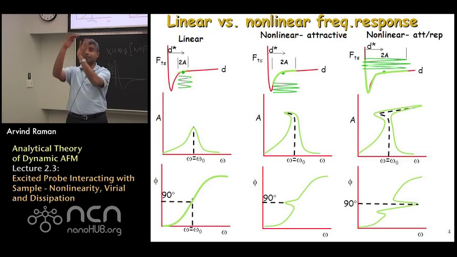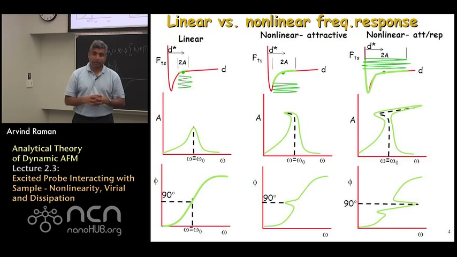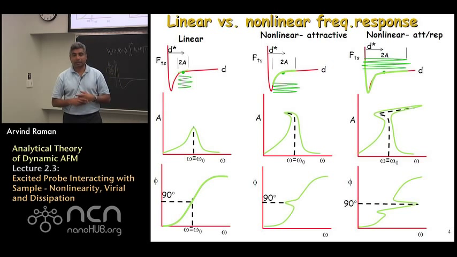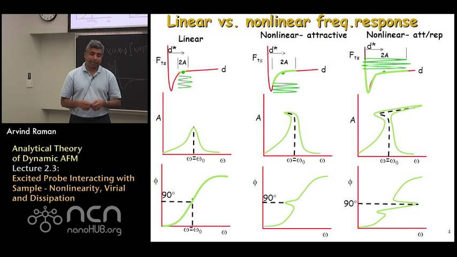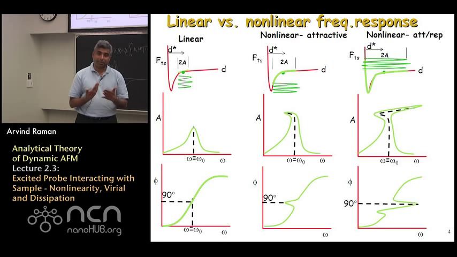The peak actually bends and turns around, and the phase also distorts significantly. The key point is that this simple understanding that we talked about last time really breaks down as soon as the oscillation amplitudes can be regarded as finite relative to d star, or the gaps at which you're operating.